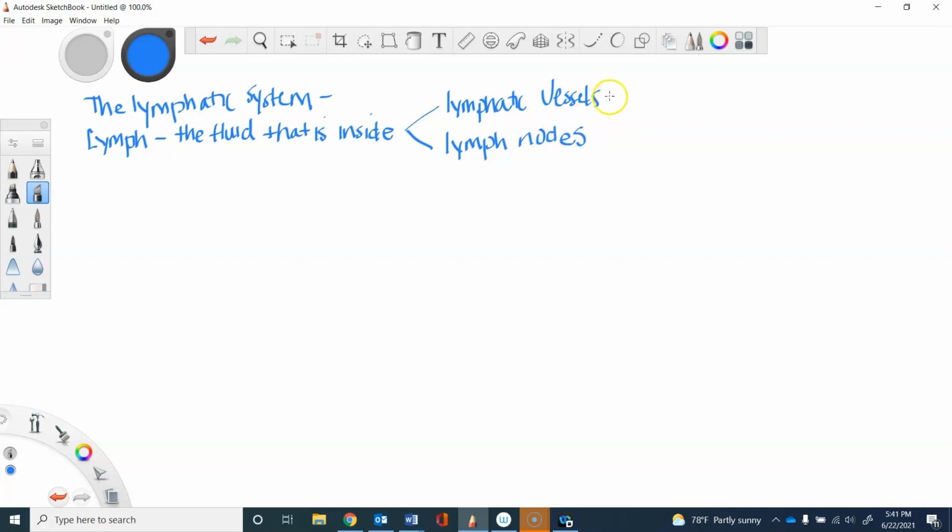So both of these together make up the lymphatic system.